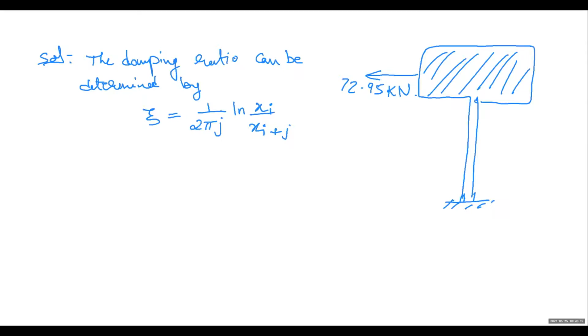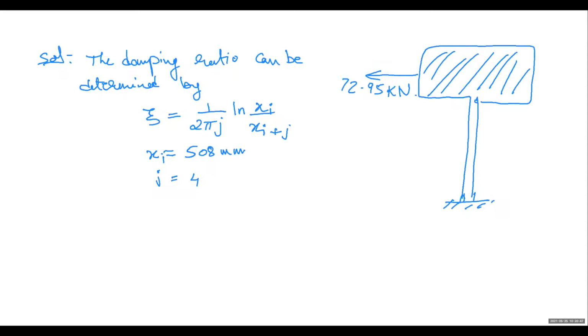From this, you can calculate the displacement. What is the displacement we have? xᵢ. We got the displacement amplitude for four complete cycles, so for j = 4 cycles, we got a displacement of 508 mm.